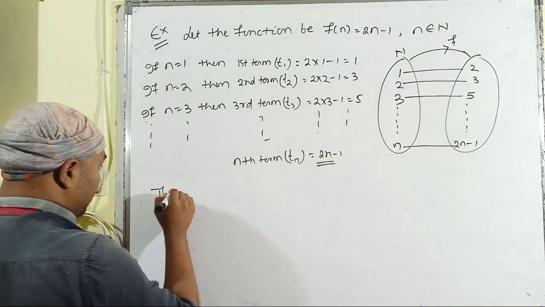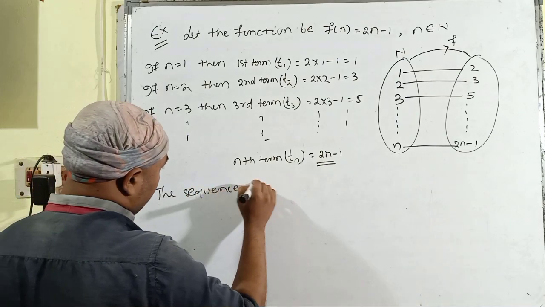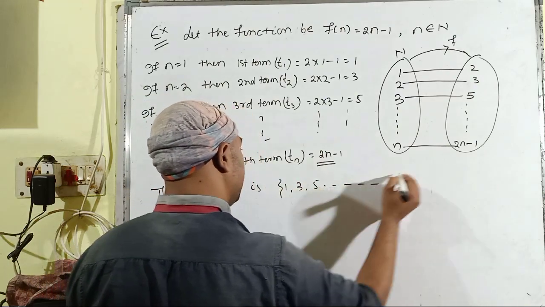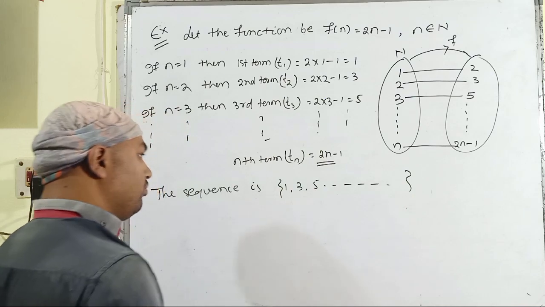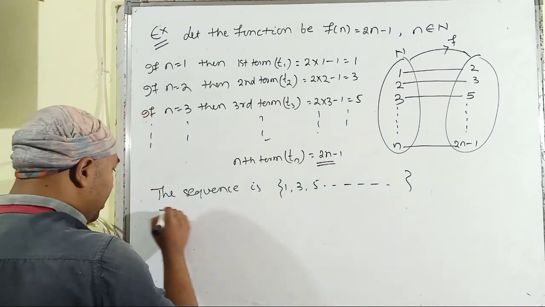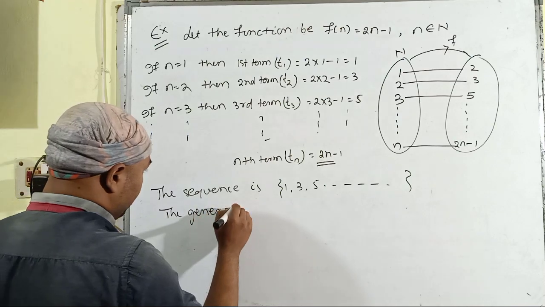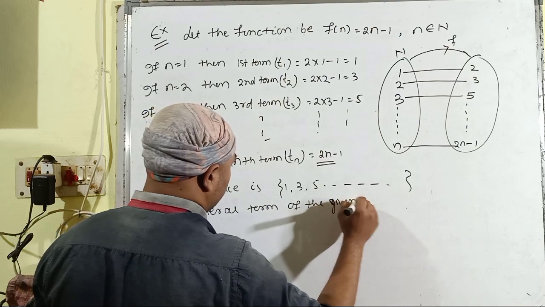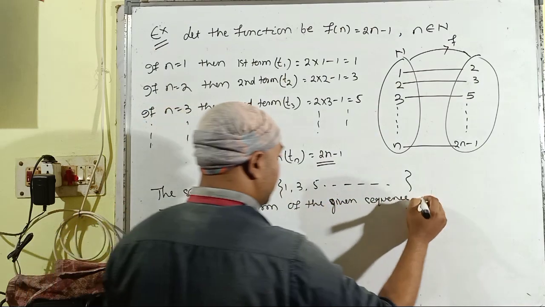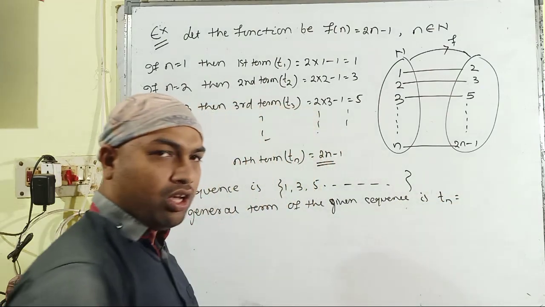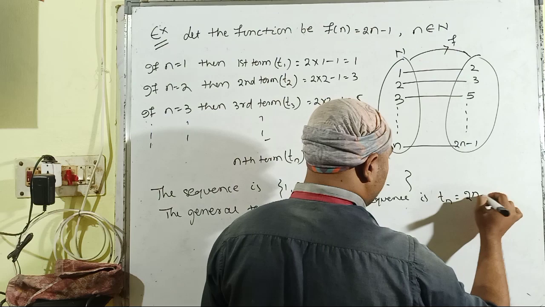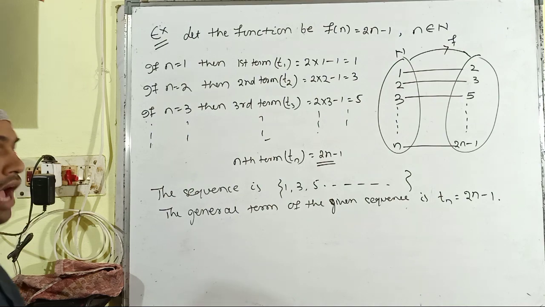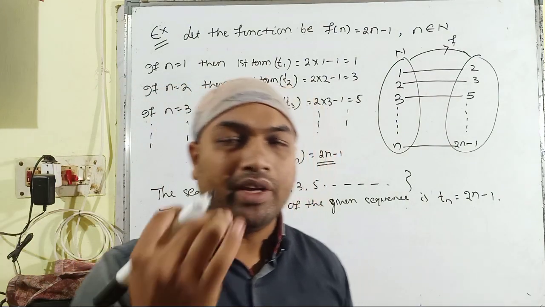Hence the sequence is 1, 3, 5, and so on. You can also write down the last term 2n minus 1, but there is no need. The general term of the given sequence is tn, because the general term is the nth term, and that is 2n minus 1, where n belongs to capital N. So this is all about how we can find the sequence from a given function.